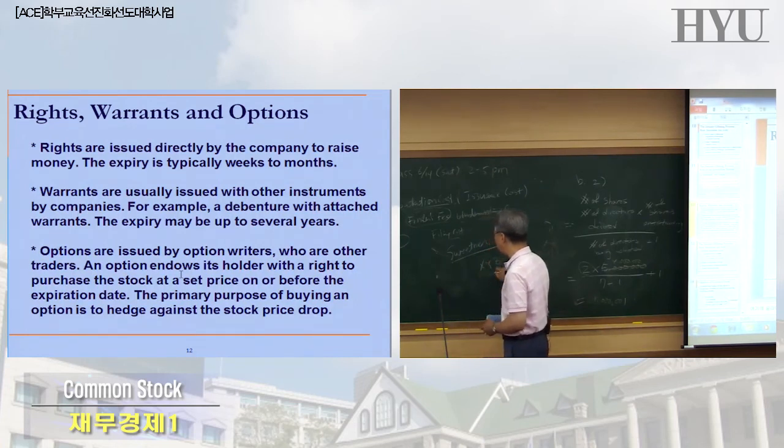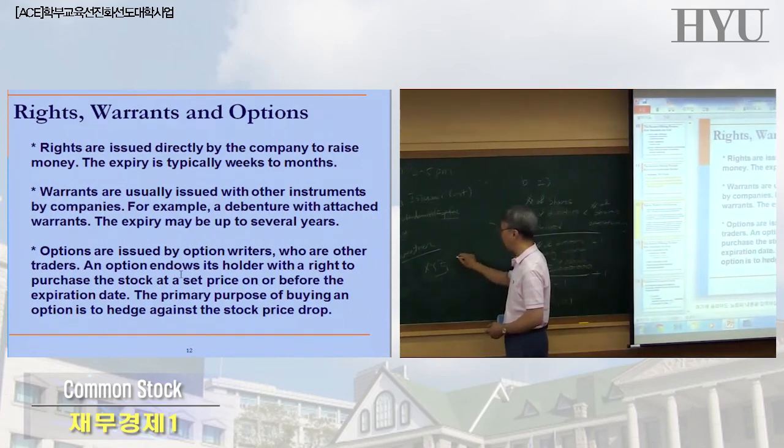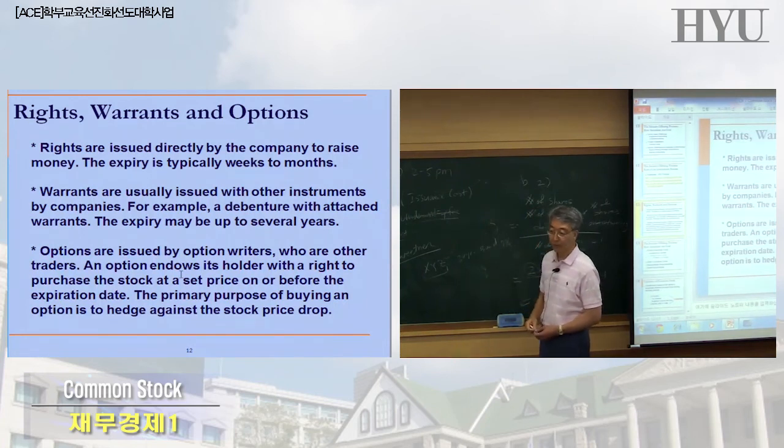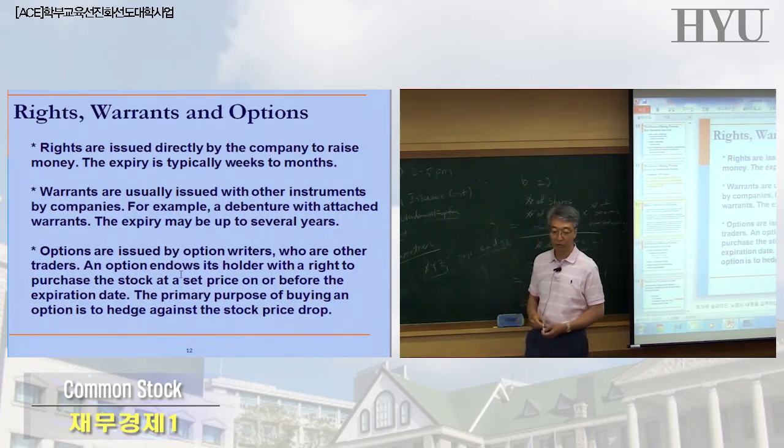Let's say XYZ company is issuing bond, say 20-year bond, and it promises a 7% coupon rate. Okay? But being a not very well-known company, investors are not very much interested in this 20-year bond with the 7% coupon rate, right?